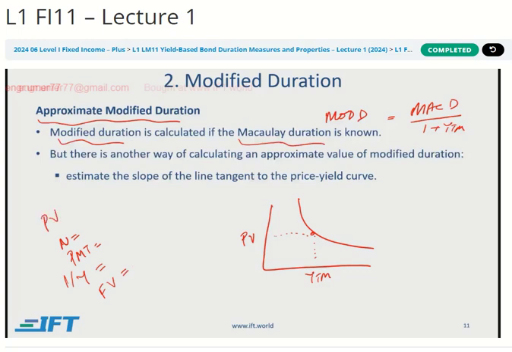What you can also do is shock the yield a little bit to both sides, so let's say 0.5% on both sides. What that does is, with a lower yield you get a higher price, and with a higher yield you get a lower price.